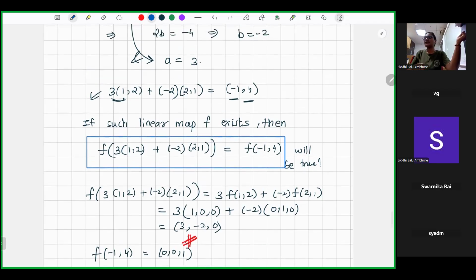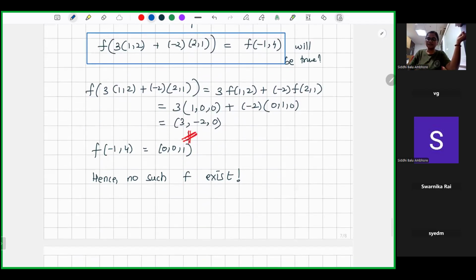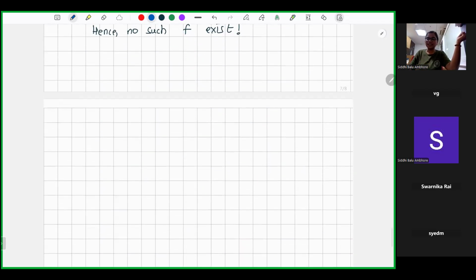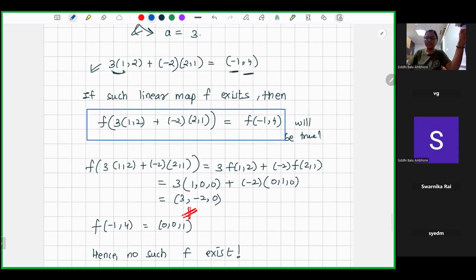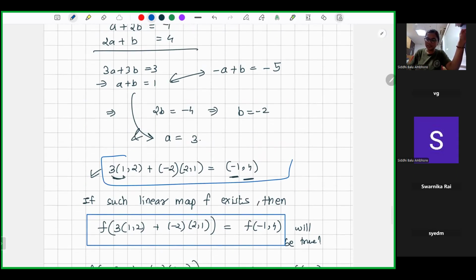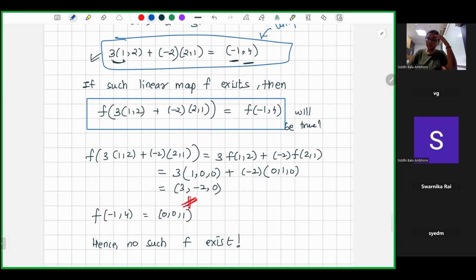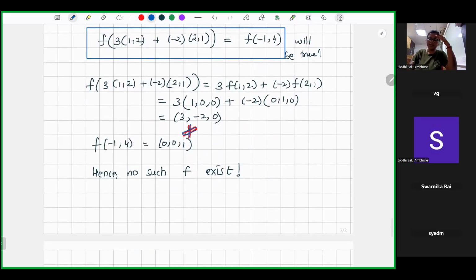Is that okay? I hope it was not confusing the way I said it. I'm just saying that once I have the basis, this linear combination is unique for (-1, 4). So yes, and since this is not happening, this f is not possible. I hope that is okay.